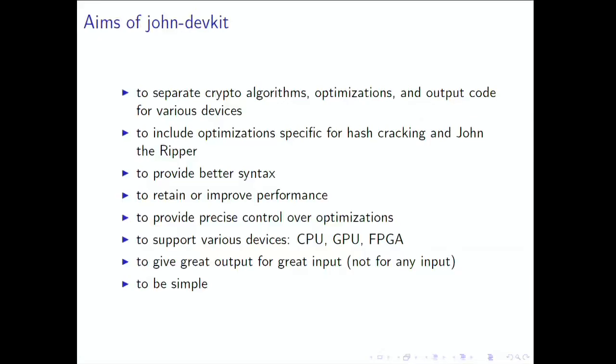The objective of John Dev Kit is to separate the algorithm optimization from the code generation for different devices. So John Dev Kit also must include different optimizations for hash cracking in John the Ripper, give more convenient syntax without slowing down the speed, and give precise control over optimization.